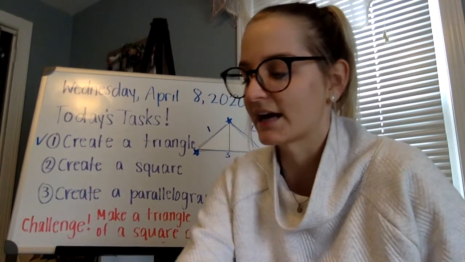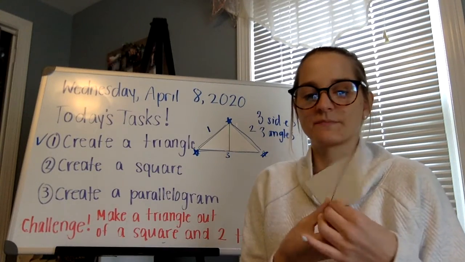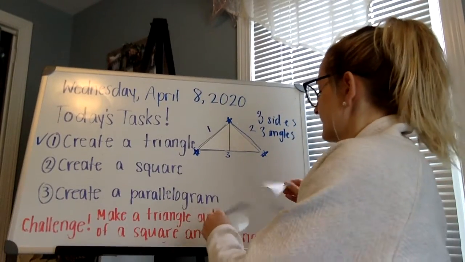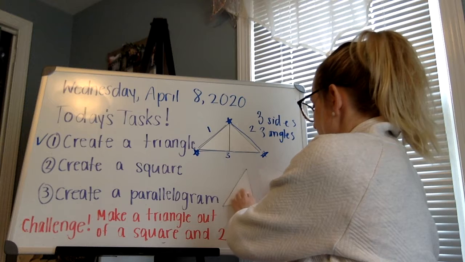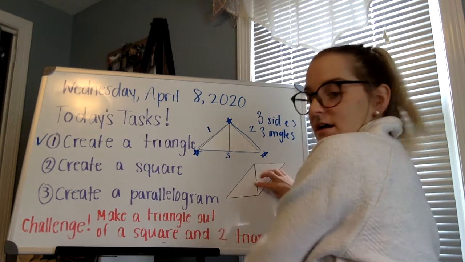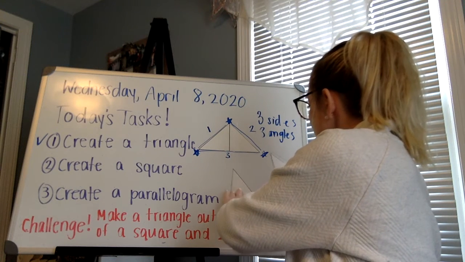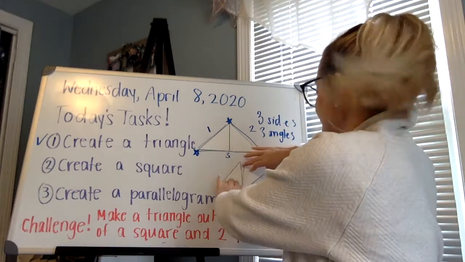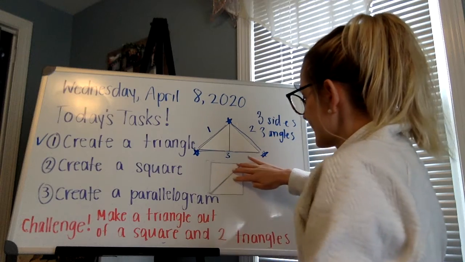Now our next task is to make a square out of these 2 triangles. So let's see. Well, that's my triangle. That's not it. That's definitely not it. Oh, look.